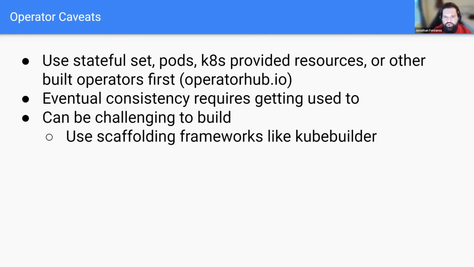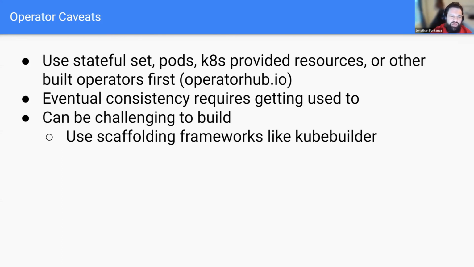But if there's an operator that's really close to what you're looking for, you can try customizing that, or you can try building it from scratch. And there are frameworks out there that will help you out. So I would recommend using a scaffolding framework like Kubebuilder.